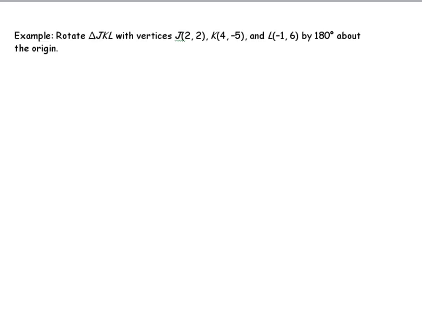All right, so the first example says they want you to rotate triangle JKL with these vertices by 180 degrees about the origin. Okay, so first things first, my rule: if I rotate 180 degrees about the origin, I take my pre-image and switch the signs.